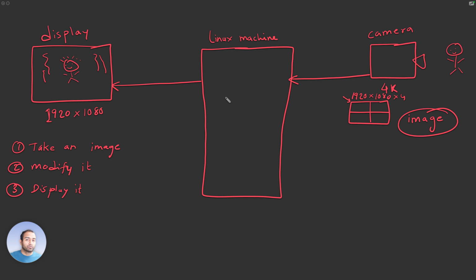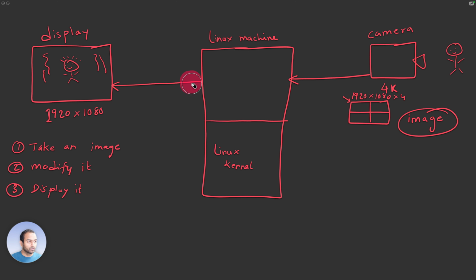Now, a few things to be mindful of on Linux. For the camera, well, first off, let's not go to the camera. Let's talk about this. So there would be the Linux kernel, and only the kernel has access to the display and the camera.